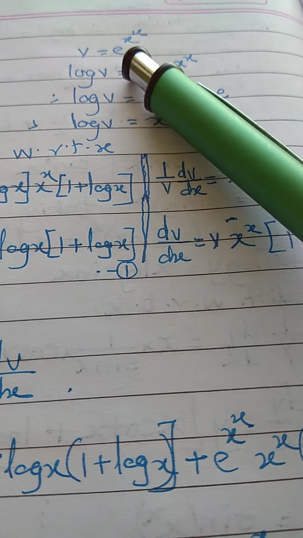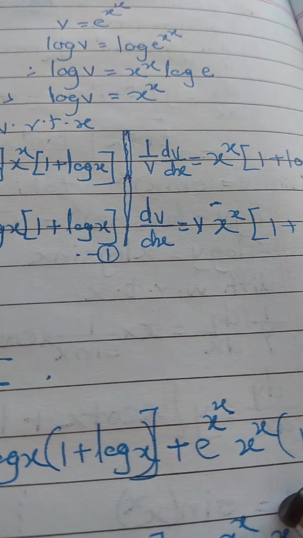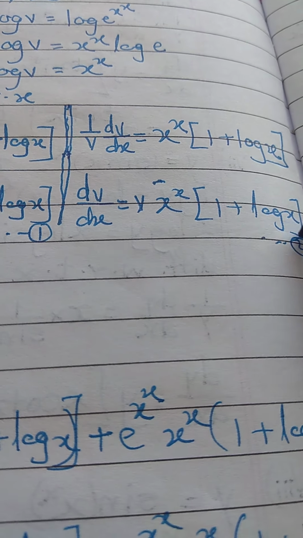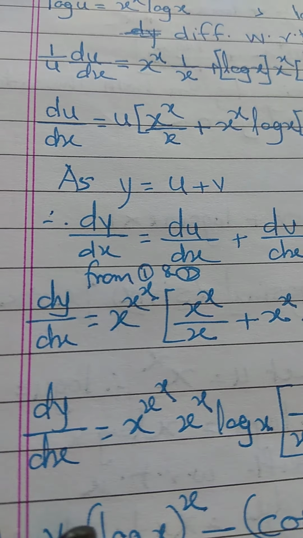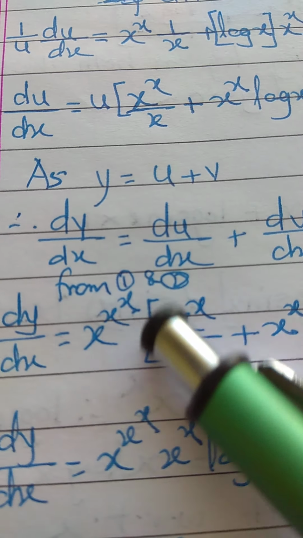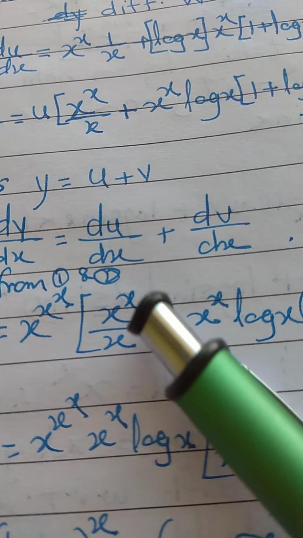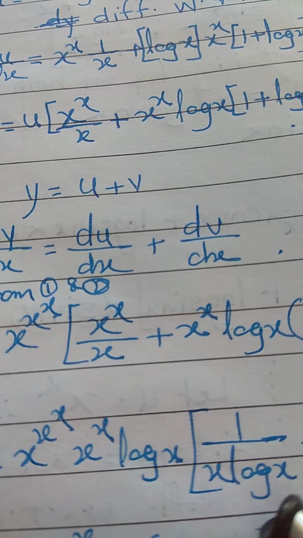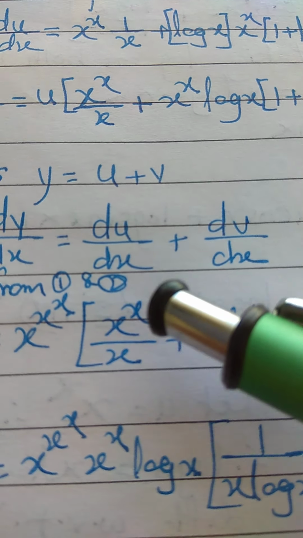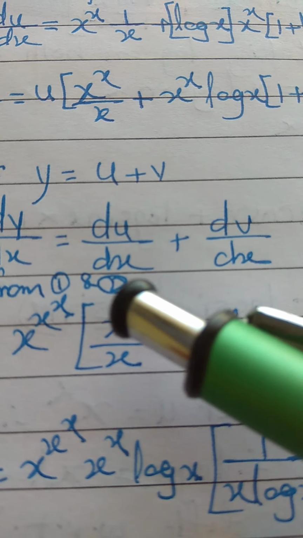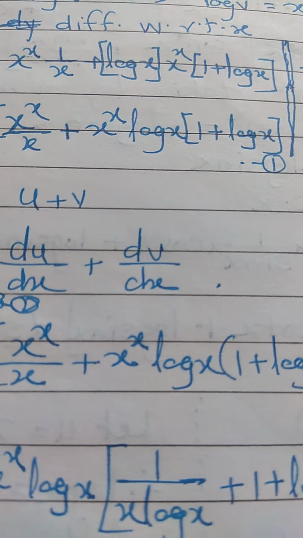What is v here? e raised to x. See here, e raised to x plus x raised to x in bracket 1 plus log of x. Now dy by dx is x raised to x. This x raised to x log of x common. What remains here is 1 upon x log x. Here there is no log x to take out of the bracket. So if you are taking log x outside the bracket, then you have to mention that log x in the denominator.